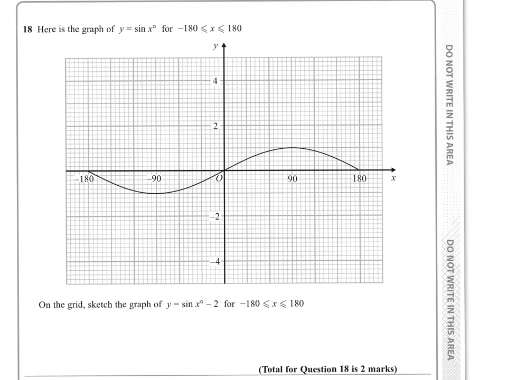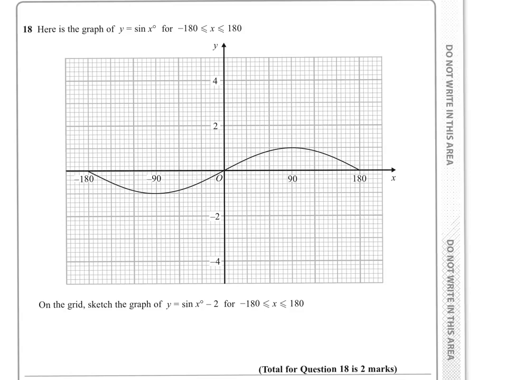Question 18. You can see the graph of y equals sine x between negative 180 and 180 degrees. And on the grid, you're supposed to sketch the graph of y equals sine x minus 2 for the same interval. Well, all that is doing here is translating the graph downwards by 2 units in the y direction.